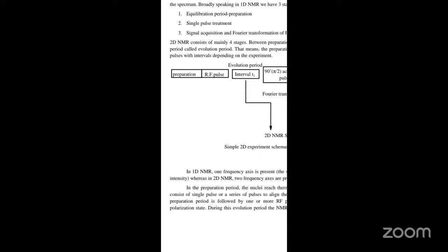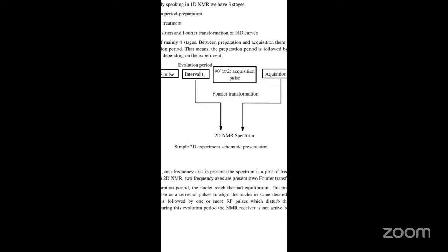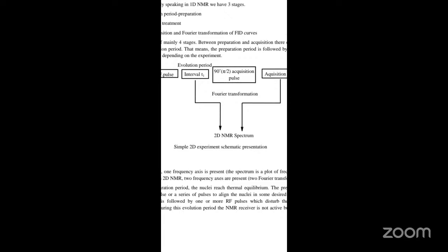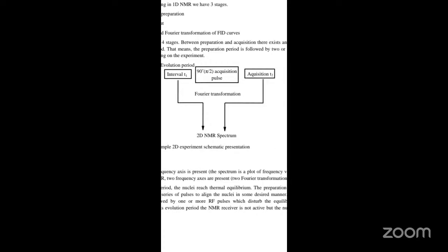The preparation period is followed by one or more RF pulses which disturb the equilibrium polarized state. In the evolution period, the NMR receiver is off and nuclear motion may undergo some discrete motions which ultimately influence the signal. At the end of the evolution, the existing magnetization is recorded.